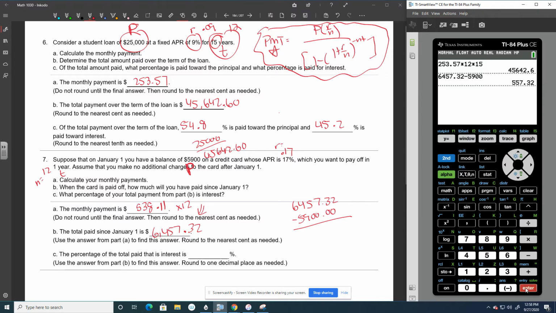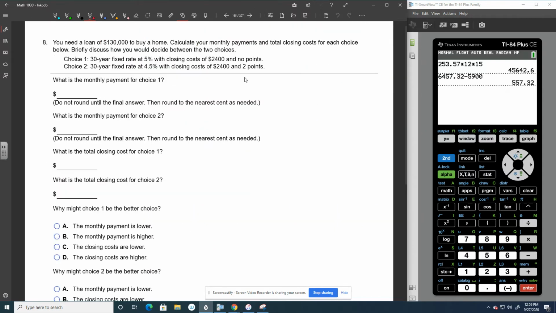So that means that $557.32 went to interest out of $6,457.32 worth of payments. So the amount that went towards interest is 8.6%. So the amount of my money that I paid that didn't go to my total, the interest amount, was 8.6%.